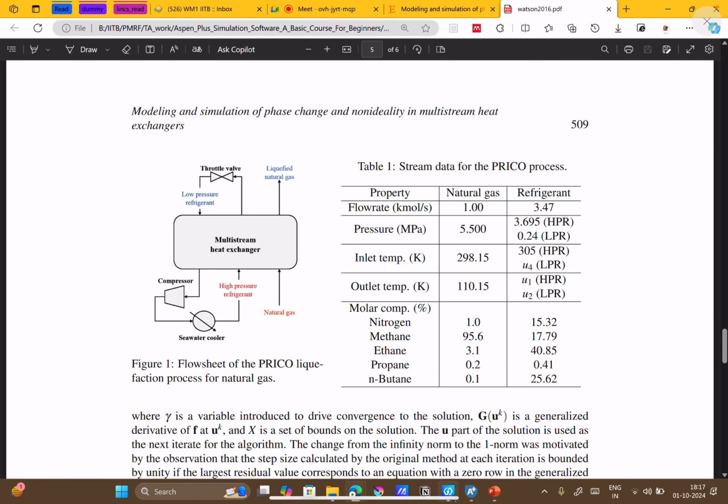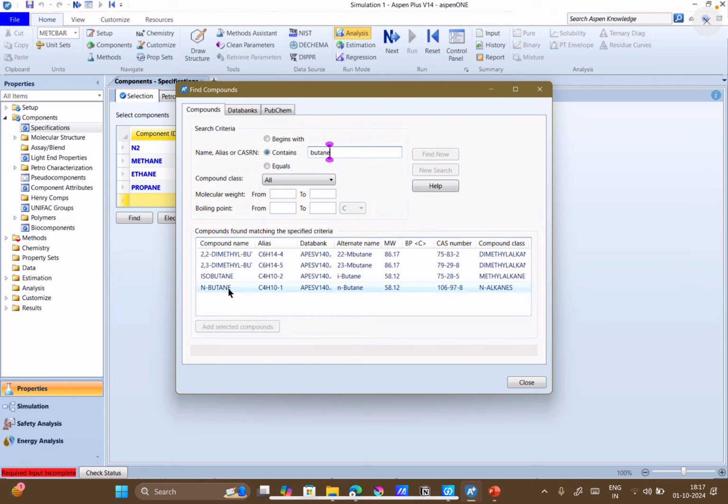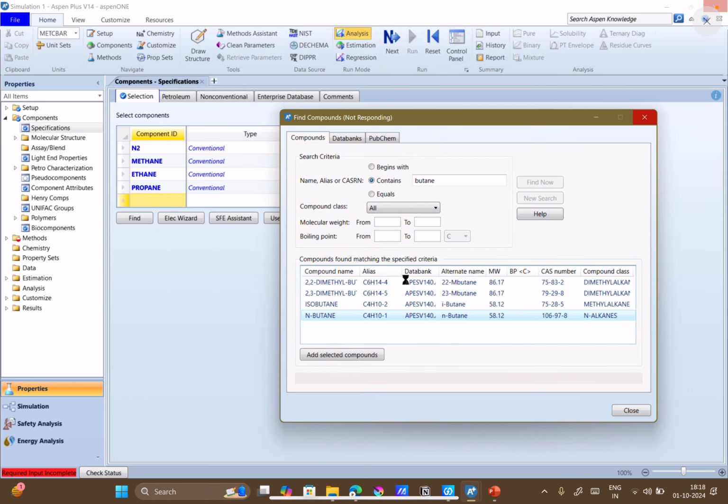So coming back to our example, we wanted to add n-butane. Just a minute.